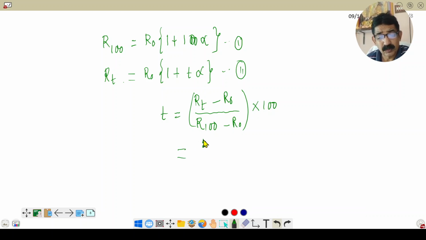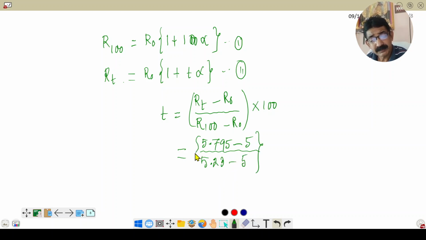RT is equal to 5.23, R naught is equal to 5, R100 is equal to 5.23 minus 5 into 100. That is equal to 345.65 degrees centigrade.